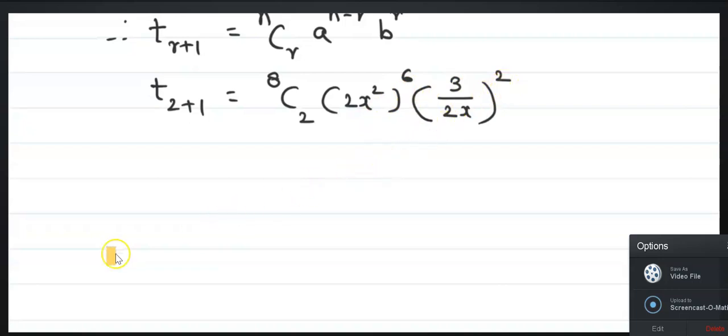Now we will calculate the values. That is 2 raised to 6, x raised to 12, 3 raised to 2, and (2x) raised to 2 means what? You will get 4x square.